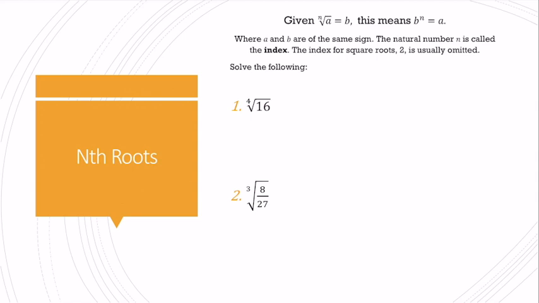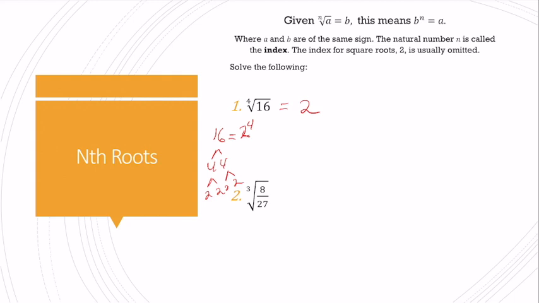Okay, let's take the fourth root of 16. 16 factors into a 4 and a 4, which factors into a 2 and a 2, and a 2 and a 2. So 16 is 2 to the fourth, so the fourth root of 16 is going to be 2.